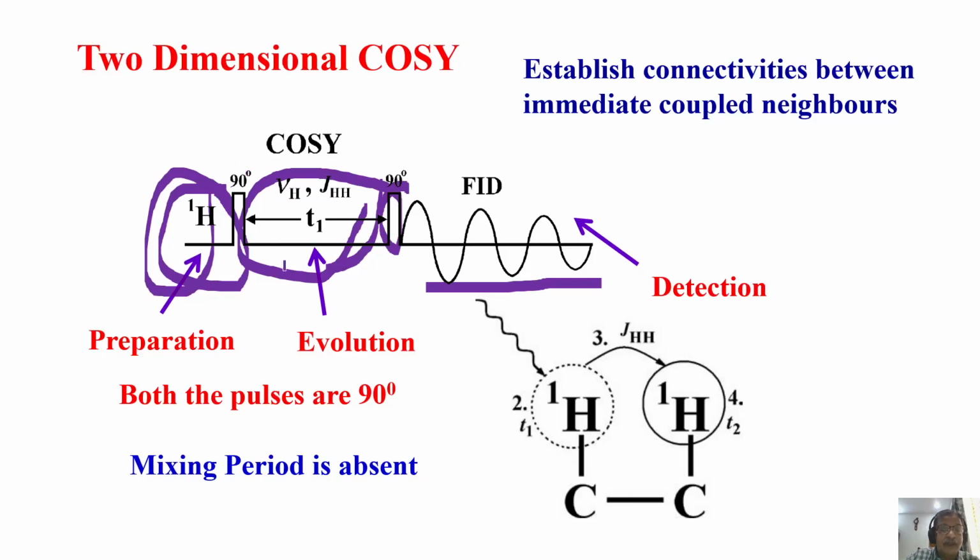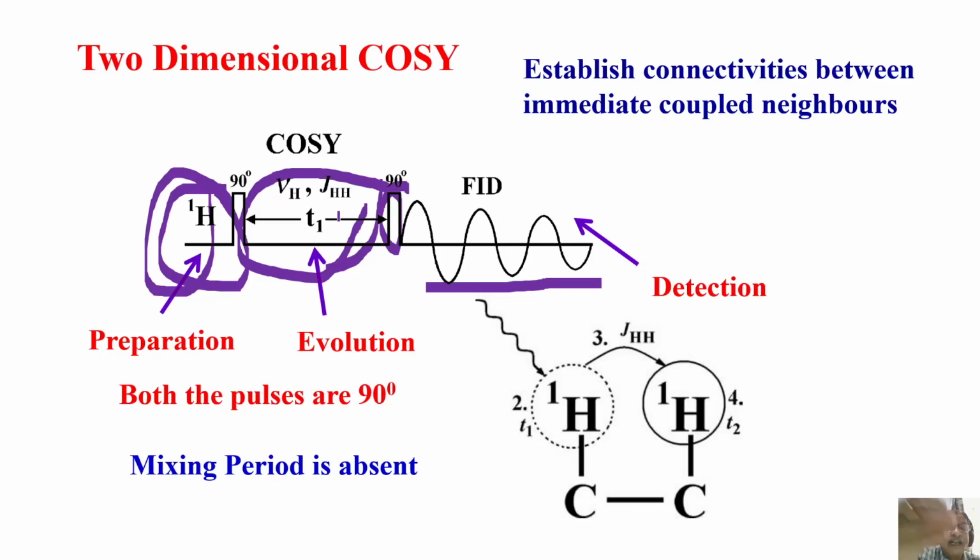Look at the evolution period. Here we are varying the delay. Indirectly, I am creating a pseudo free induction decay, an oscillating damped signal that I collect as a function of t1.